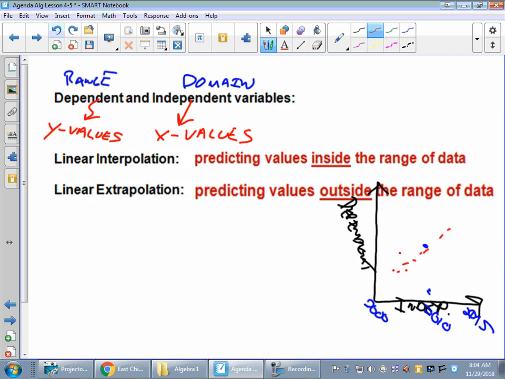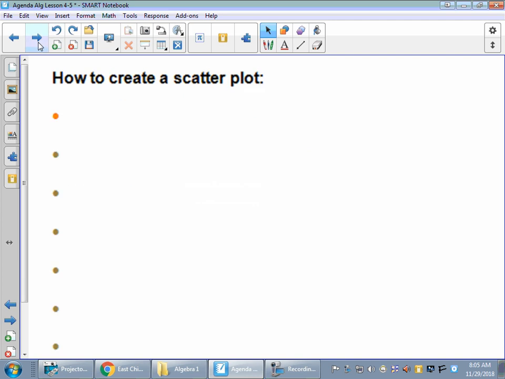So if all of a sudden we had this line of best fit that comes through here, we could predict, it's not inside the range of data, it's outside the range of data. So we would say, all right, as this line continues, where's it going to be in 2025? Where's it going to be in 2040, 2060? So extrapolation is predicting outside the range of data, where interpolation is predicting inside the range of data.